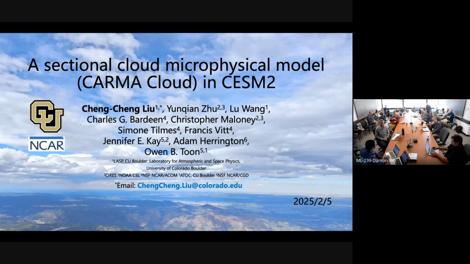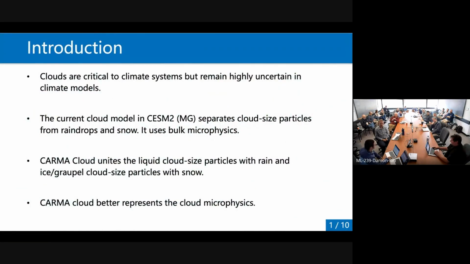The background picture was taken from Pikes Peak in Colorado Springs last summer. It looks like the clouds are in the mid latitudes, around 5 kilometers. Clouds are critical to the climate system, but remain highly uncertain in climate models.